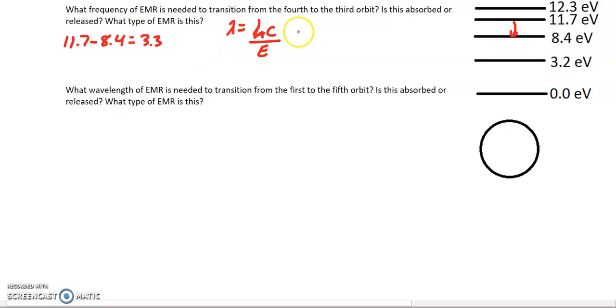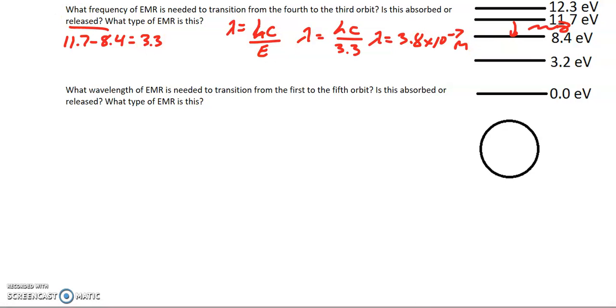Again, using 3.3 electron volts here for E gets you a wavelength of 3.8 times 10 to the negative 7 meters. And again, because this is moving down towards the ground state, this is going to be released. This photon is coming out.